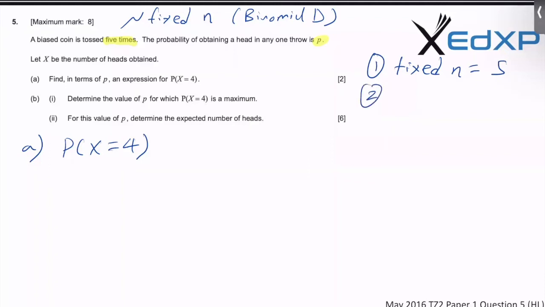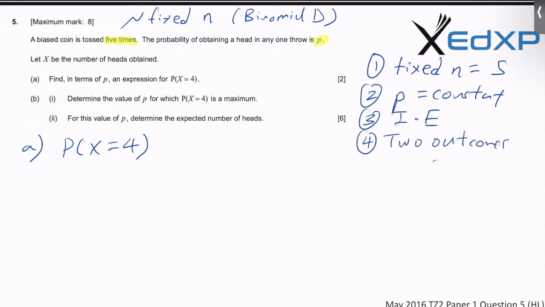Number 2, the probability is constant, which is P. Number 3, they are independent events, because all the coin tosses do not affect one another. And number 4, 2 outcomes only, either a heads or a tails. Since these 4 criteria are met, it is a binomial distribution. So we can say that X follows a binomial distribution of 5, P.